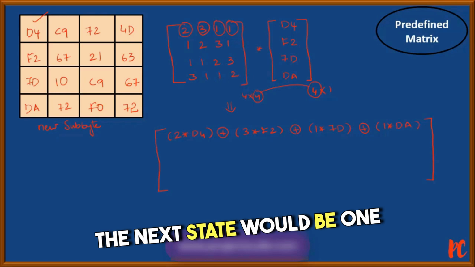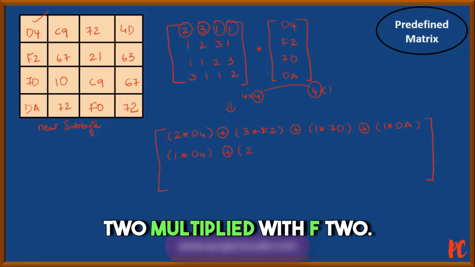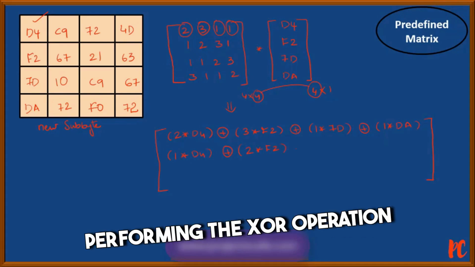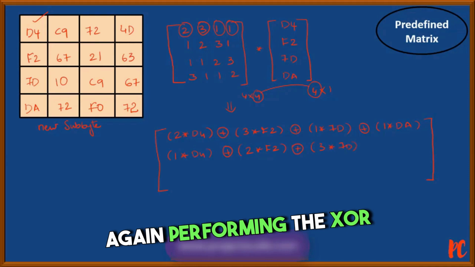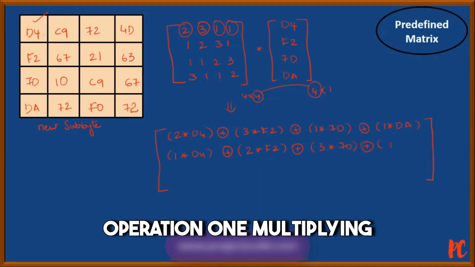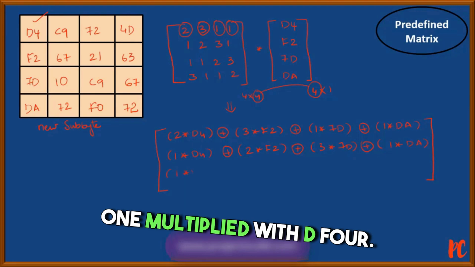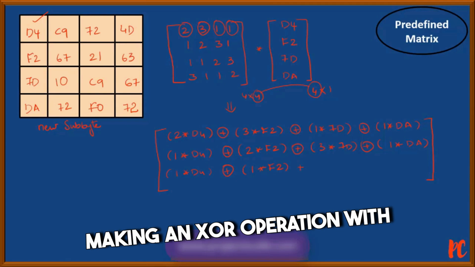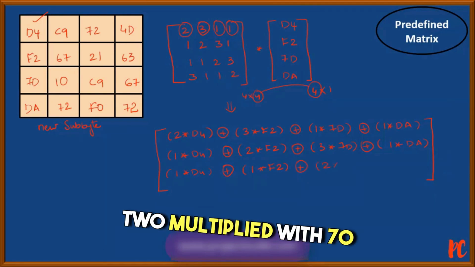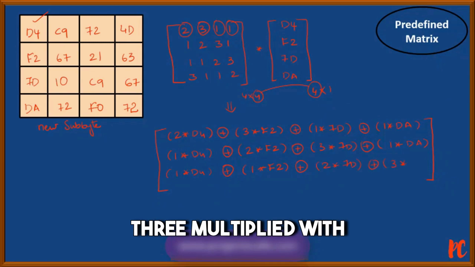The next state will be 1 multiplied with D4, performing the XOR operation with 2 multiplied with F2, performing the XOR operation with 3 multiplied with 7D, again performing the XOR operation with 1 multiplied with DA. Similarly, for the third step, 1 multiplied with D4, 1 multiplied with F2, making an XOR operation with 2 multiplied with 7D, performing an XOR operation with 3 multiplied with DA.